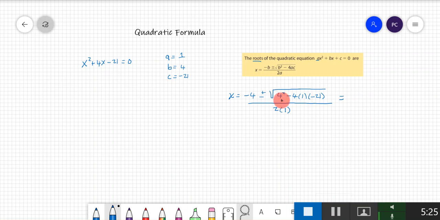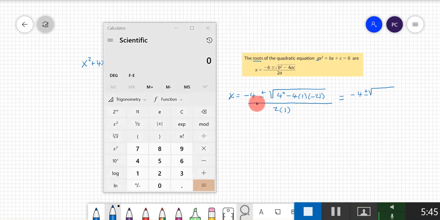So it's equal to, so we can start simplifying this. It's going to be minus 4 plus or minus the square root of, and we want to simplify what's inside this square root. We can use our calculator.